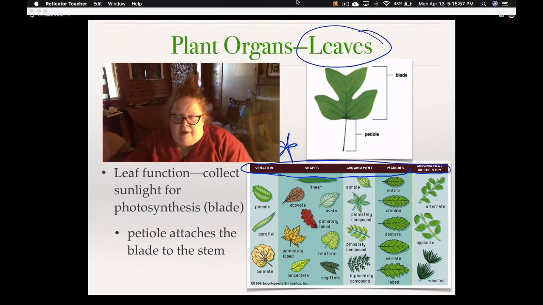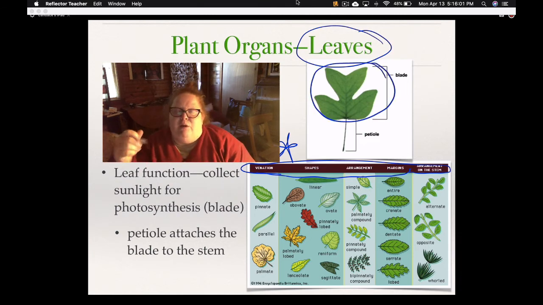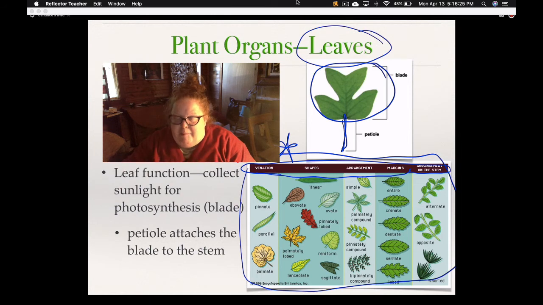But overall, all leaves are going to have a structure that's referred to as a blade, which is the flat portion that functions to bring in light for photosynthesis. And then they're attached to the stem through the structure called a petiole. Like I said, there are a lot of different modifications, but overall, the larger structure of the leaf has a blade and a petiole.